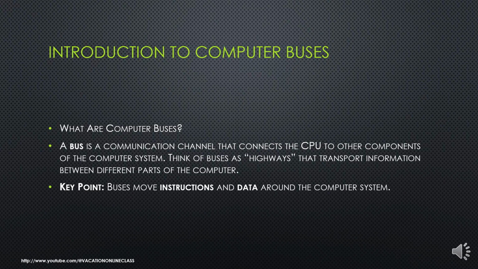I want you to visualize these as highways. Just as a highway transports cars and trucks between cities, these electronic highways transport information between the CPU, the memory, and your input-output devices.